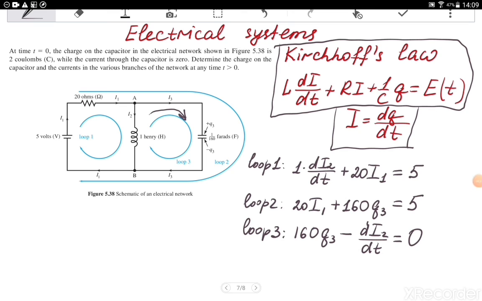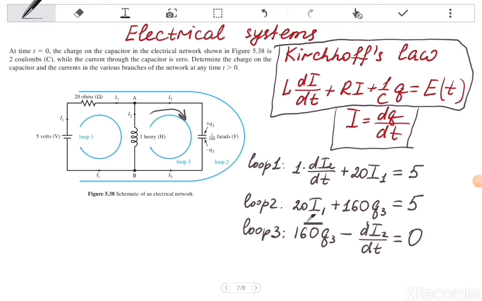We can notice that if we take the equation for loop 2 and subtract the equation for loop 3, we obtain exactly the equation for loop 1. This means these three equations are linearly dependent.